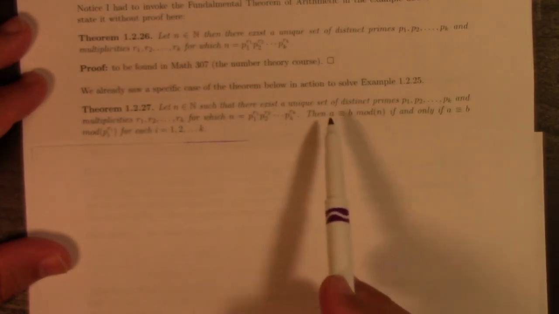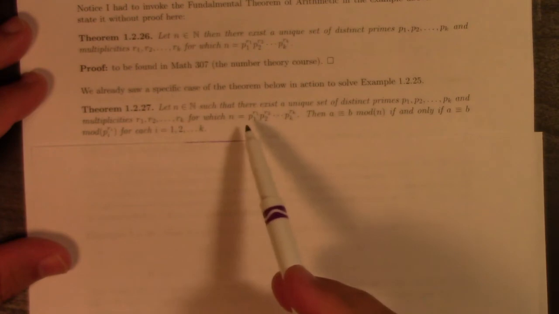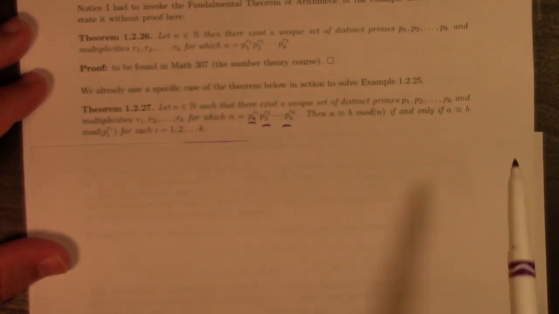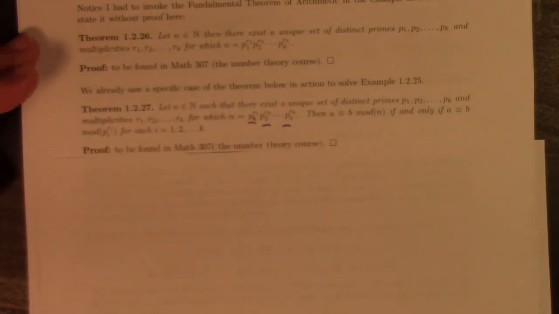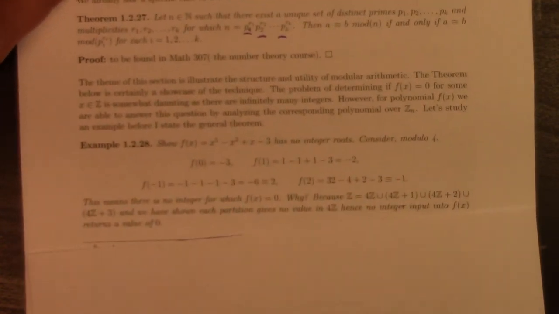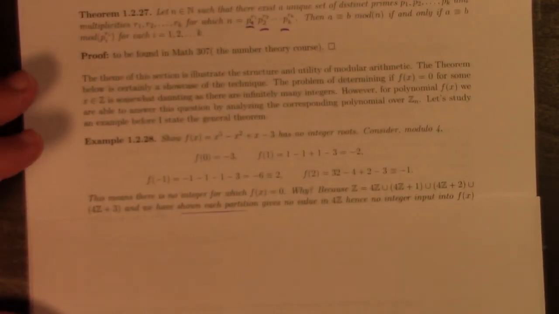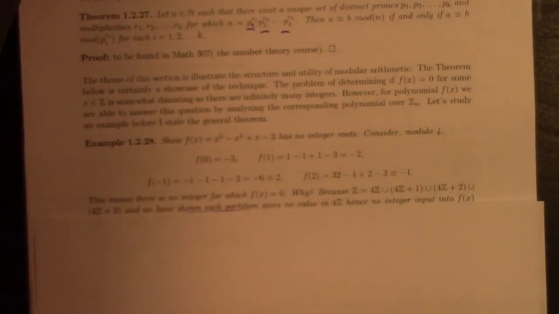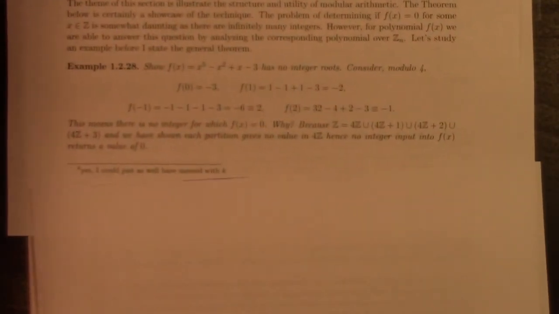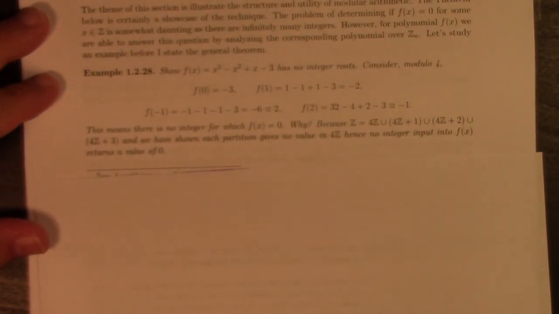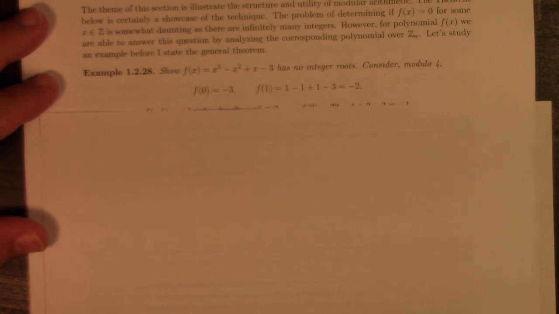So the only way a and b can be congruent is if they're congruent for each prime power. This was the example 12.25, a special case of this. All right. Again, I leave the proof to the number theory course. Our heart is elsewhere here.